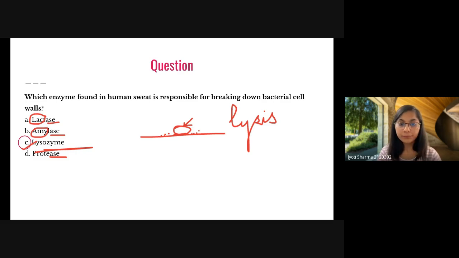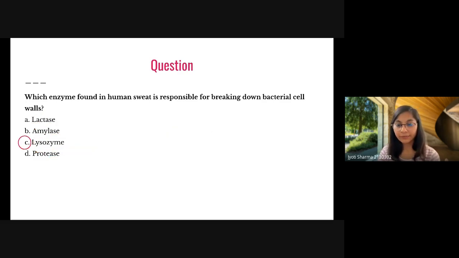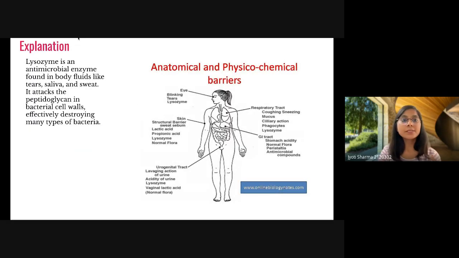Okay, I think I have cleared it. But just see here. Lysozyme is an antimicrobial enzyme found in body fluids like tears, and it is not just present in sweat, but also in tears and saliva. It attacks the peptidoglycan, as we already talked about.